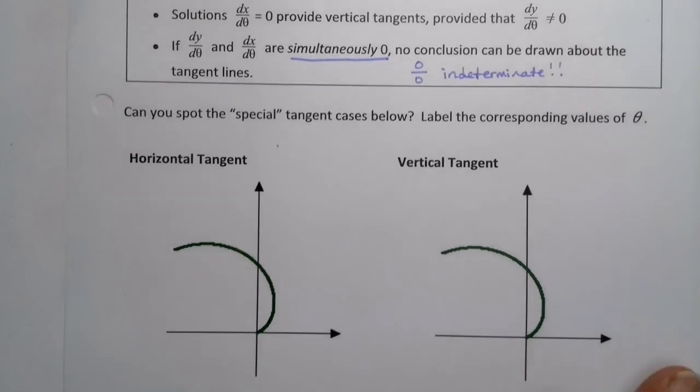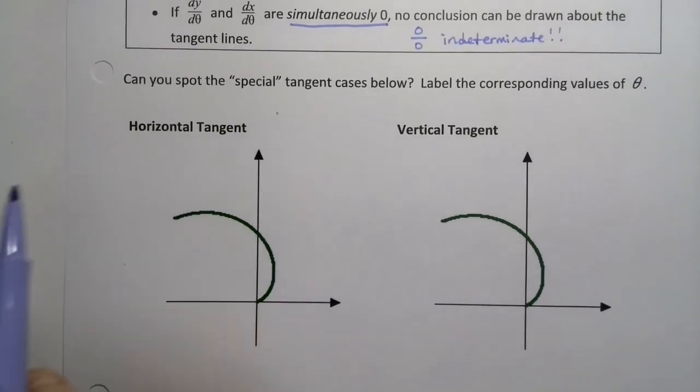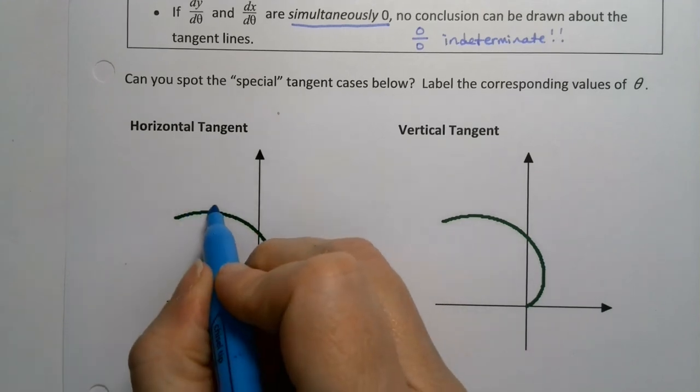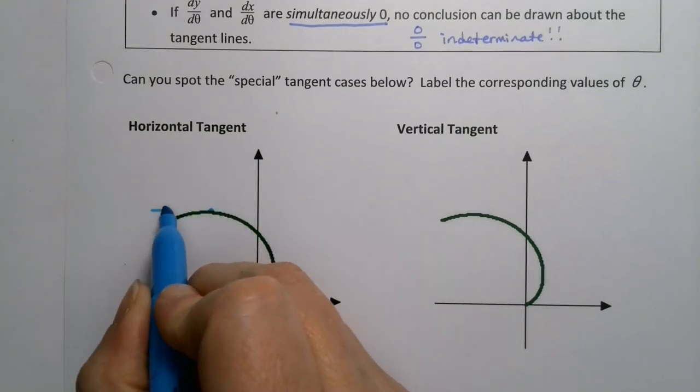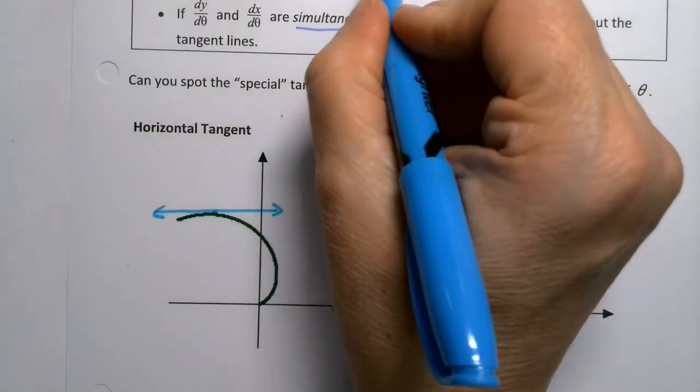Okay, so let's look at the special cases here. So to have a horizontal tangent, so can you spot the special tangent cases? So a horizontal tangent would mean it happened kind of right up here, where the tangent line would be horizontal, right?